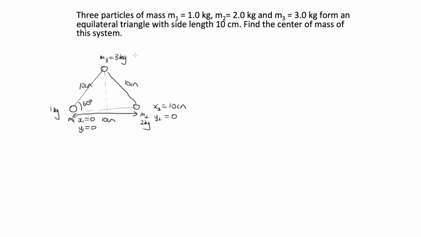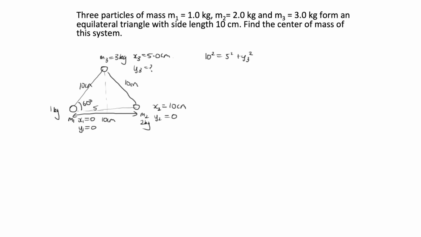So that tells us that the x coordinate has to be 5 centimeters, and so we just need to calculate Y3. To calculate Y3, we've got this length here is 5 centimeters and this length here is 10 centimeters. So we can use Pythagoras' theorem and write 10 squared is equal to 5 squared plus Y3 squared.